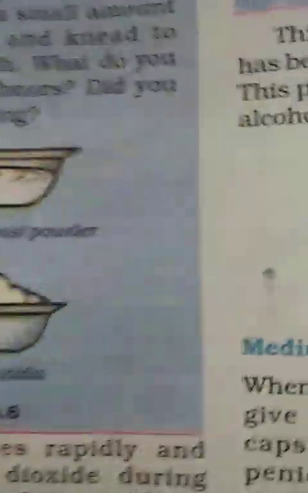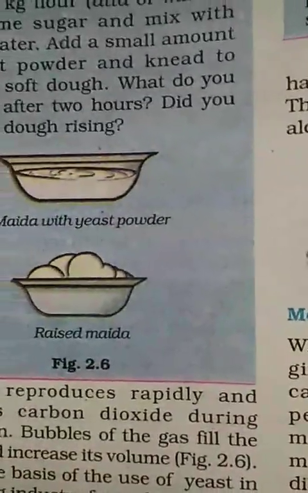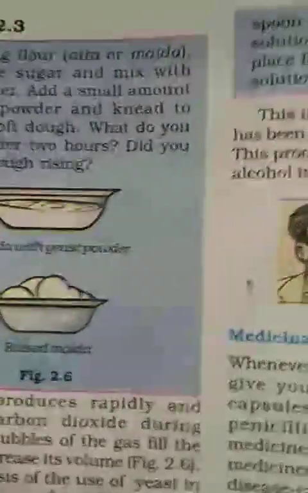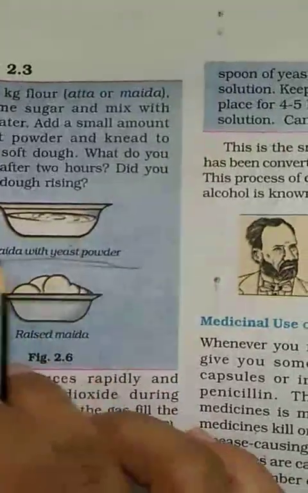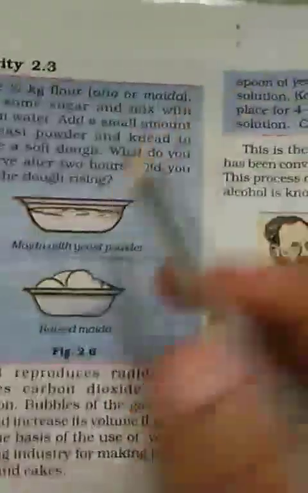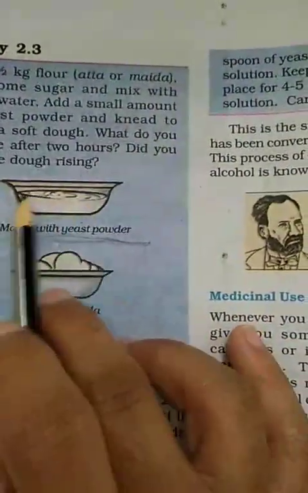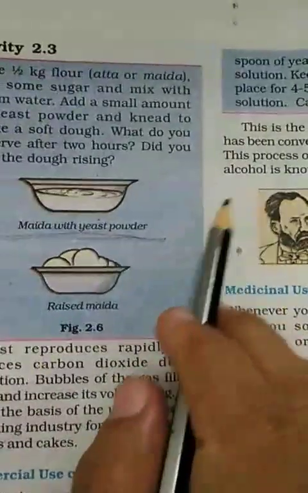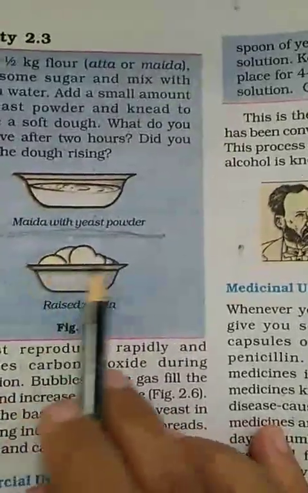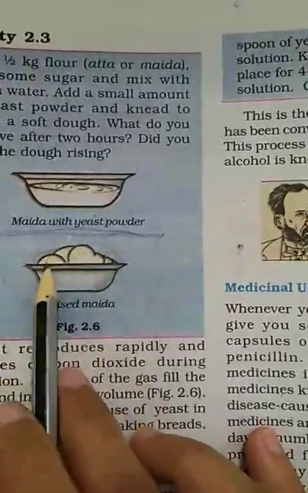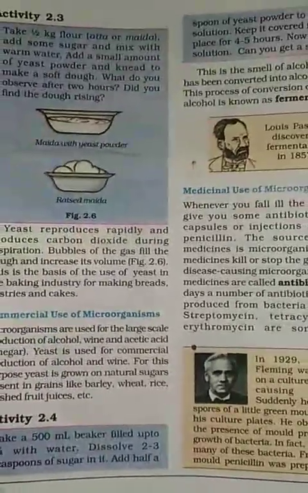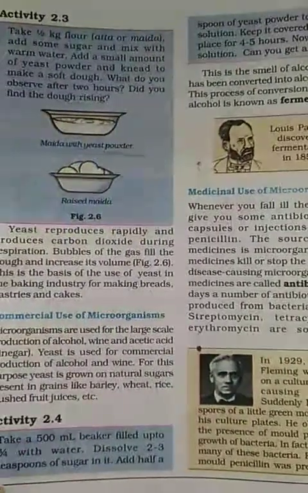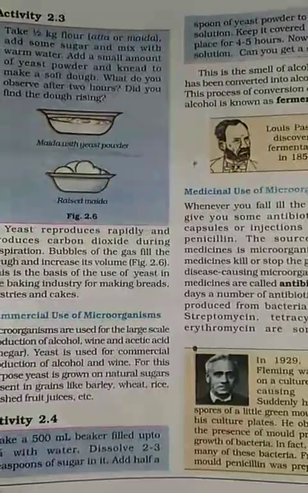Now here you can see the activity being done, maida with yeast powder. The yeast is added to the maida for the preparation of bread, and after preparing the dough it is kept aside for a few hours, and after a few hours you can see that it has risen in quantity. The yeast reproduces rapidly and produces carbon dioxide during respiration.